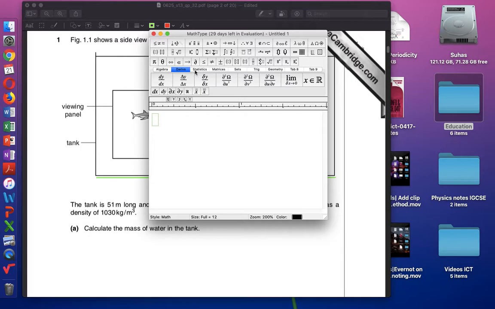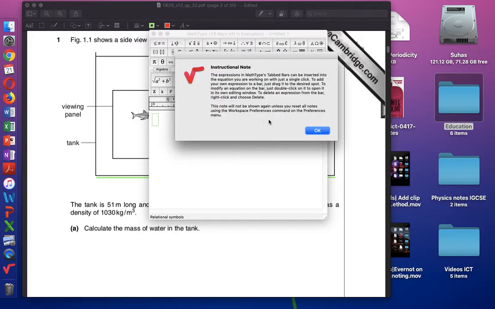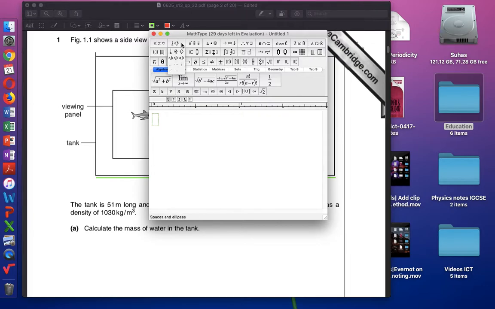Where's the rho sign? Statistics, tab 8, tab 9. Where's the rho sign? I don't know. Somewhere here? No, not there. Okay. Ah, yes, there it is.